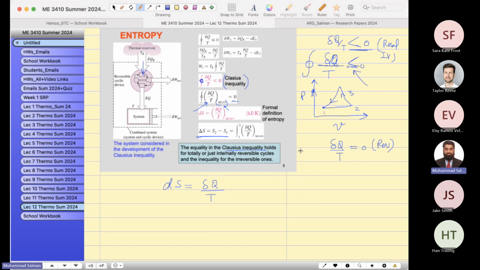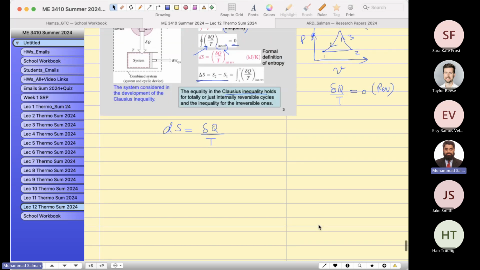which is again in a cyclic process. This heat energy, either you lose, or in case of a reversible process, you still have zero equality. You can never generate energy in a cyclic process.